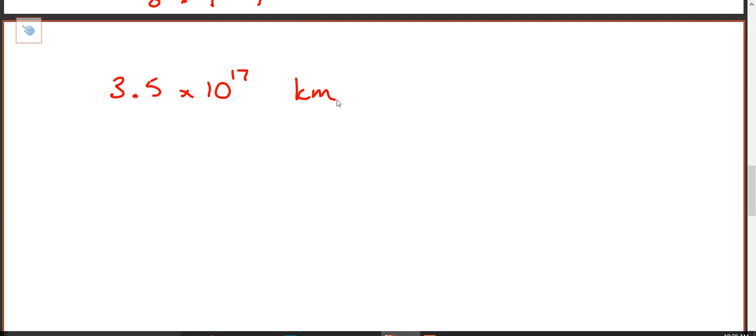How many metres would that be? 3.500. So 3.500 metres. So we've got 3.5 times 10 to the 17 kilometres, but only 3.5 metres. 10 to 17 as well. Okay. But 3.500 is the same as 3.5.